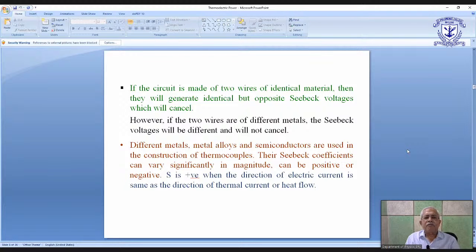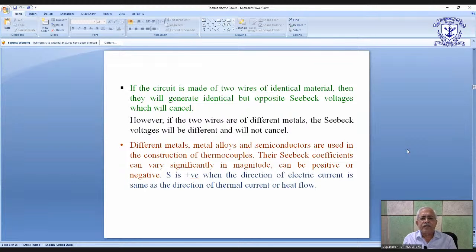To make the current flow, you must have wires of two different materials. Essentially you will be using materials with two different Seebeck coefficients, and therefore a voltage will develop. So different metals, metal alloys, and semiconductors are used in making thermocouples.